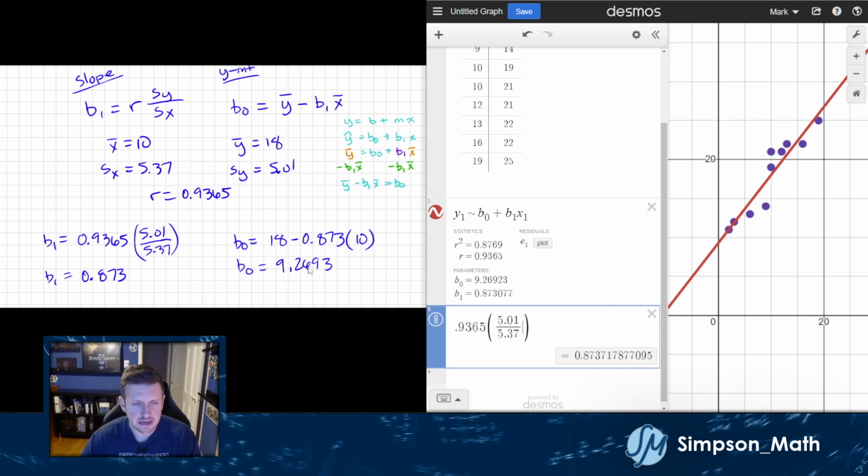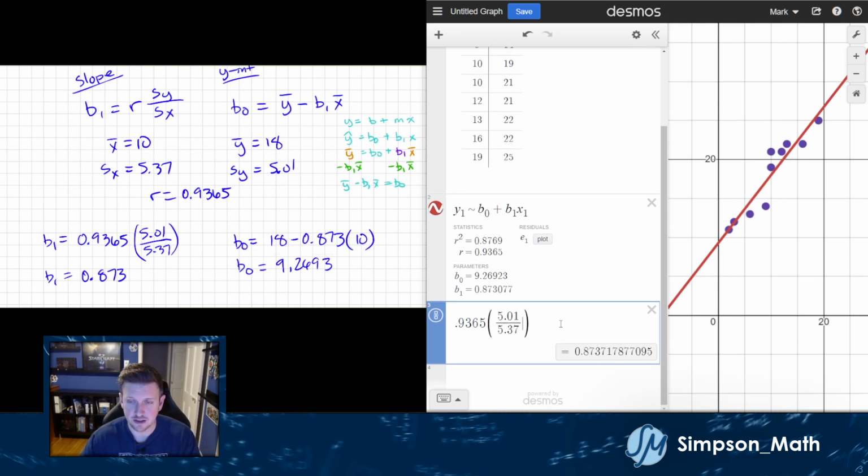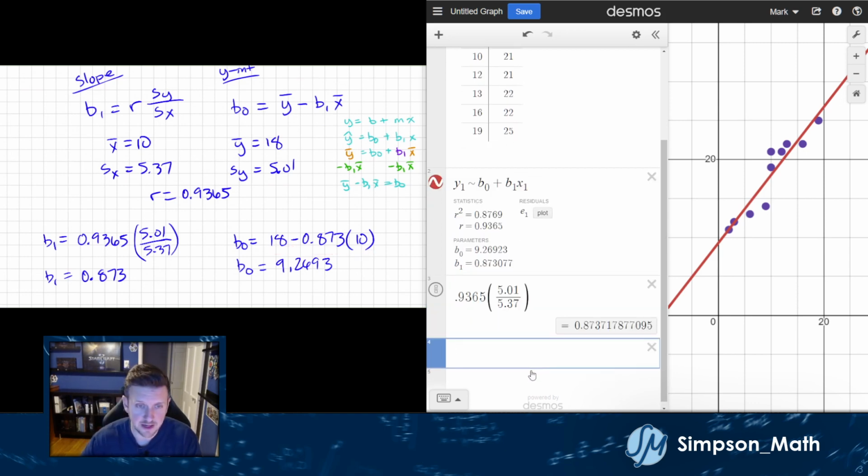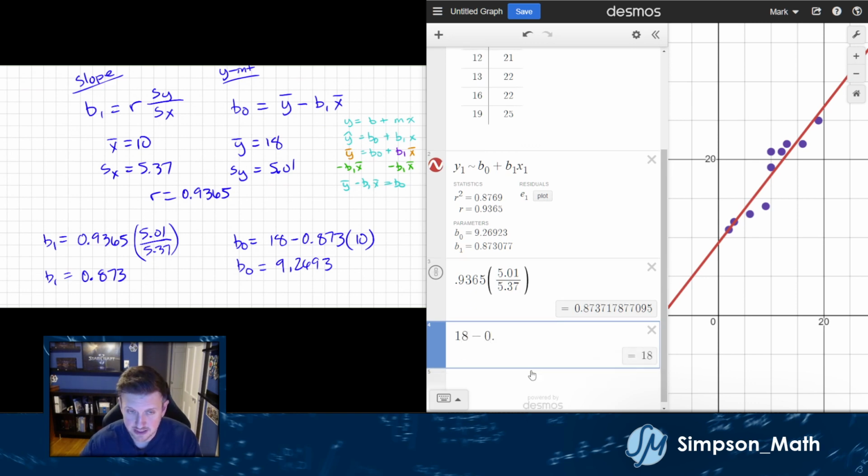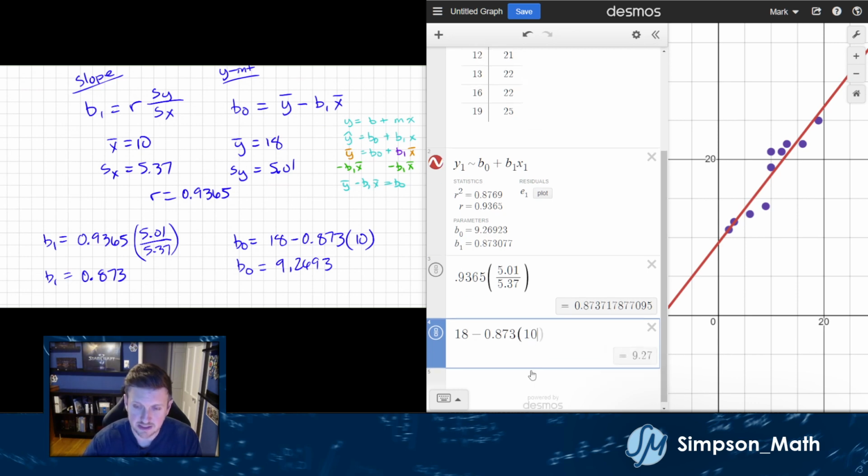Then to find our y-intercept, again we're going to use our formula. To find this, I need y bar, b1, and x bar. Well, I just found b1, so I'm going to use that, and y bar is 18 and x bar is 10. So I'm going to plug in. Here's my y bar, the slope, the x bar, plug it in, and we should get 9.269-ish. So 18 minus 0.873 times 10.